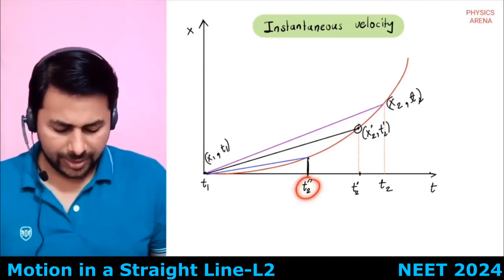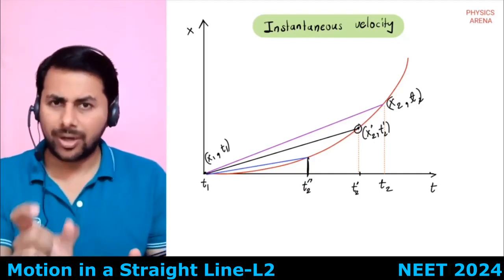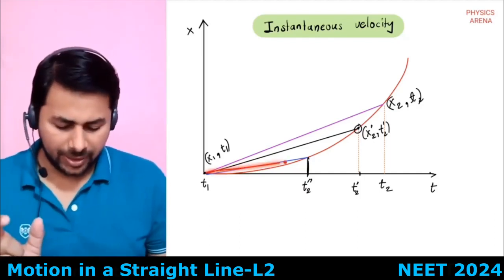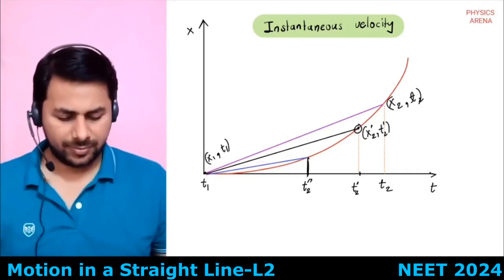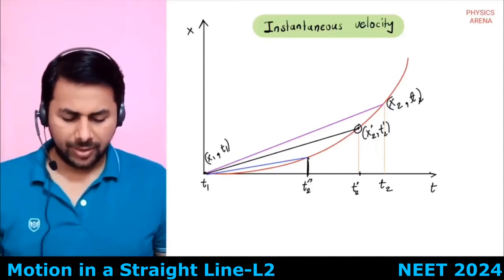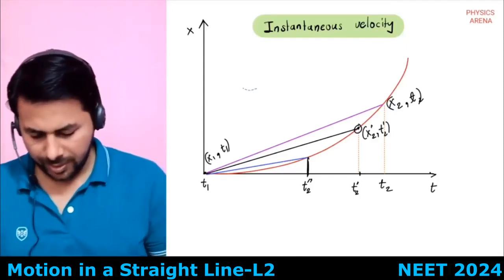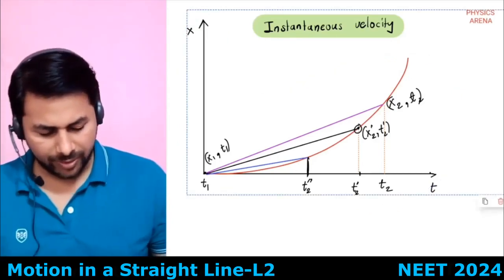And then as I move the time even closer, if I choose an even shorter interval, then what happens? This line approaches even closer. Okay, so that means now if I take points very close, then what will happen?